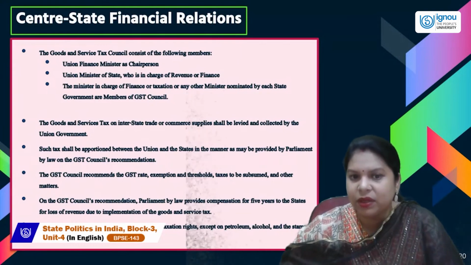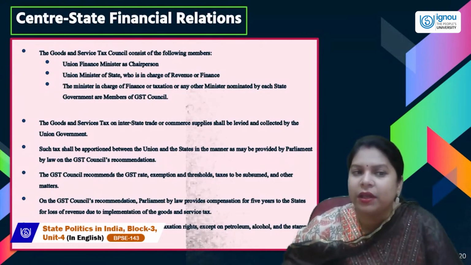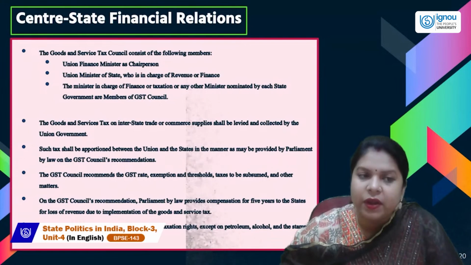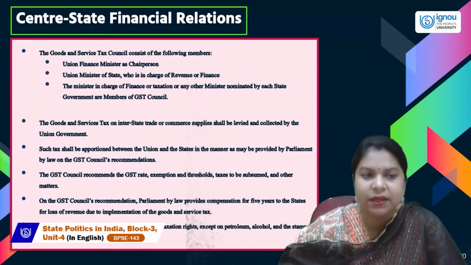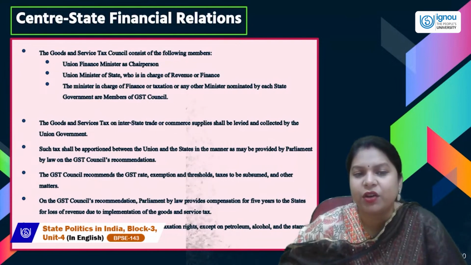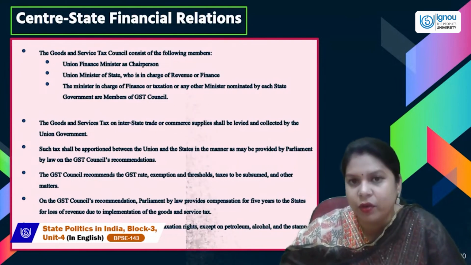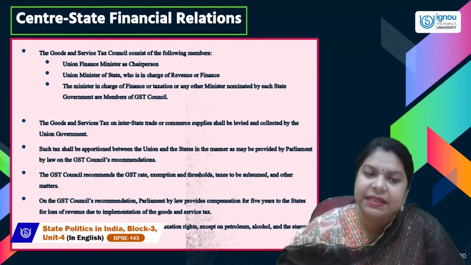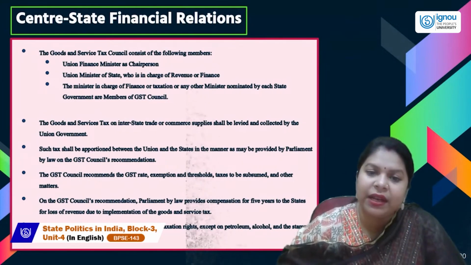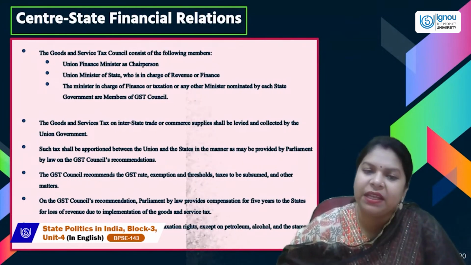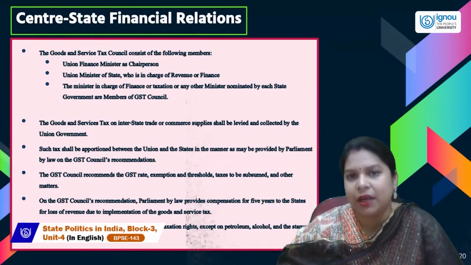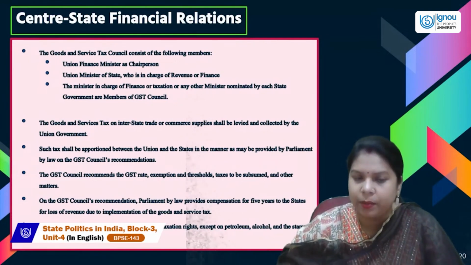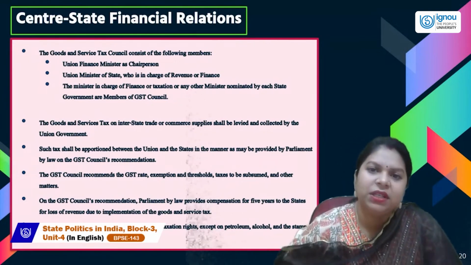The first is the Union Finance Minister as chairperson. Second is the Union Minister of State in charge of Revenue or Finance. And the Minister in charge of Finance or Taxation, or any other minister nominated by each state government, are members of the GST Council. This is how the GST Council is formed.